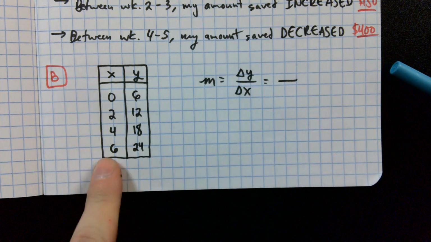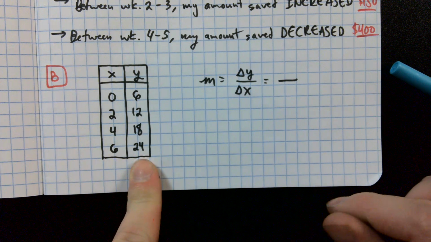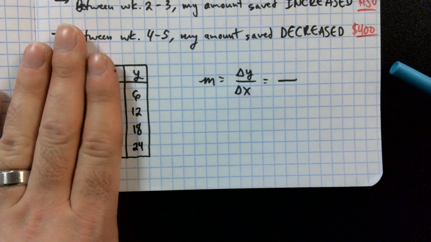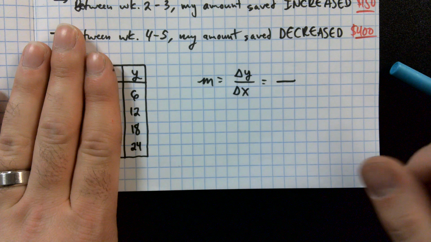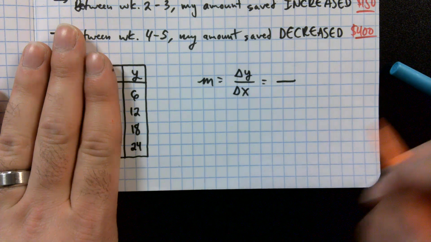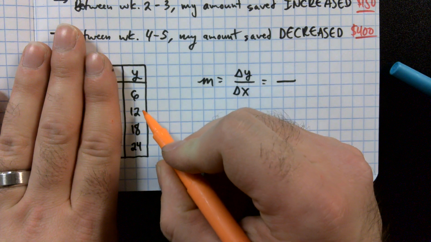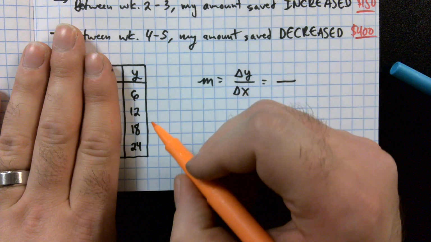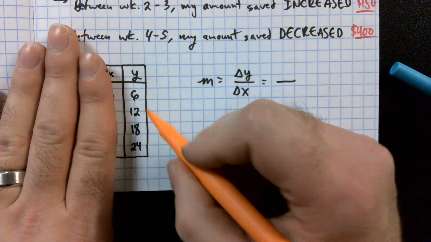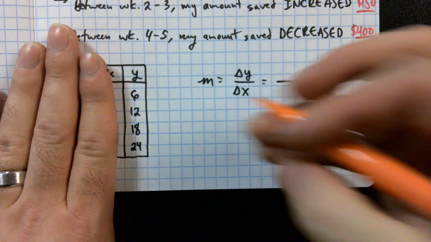Subtract. Well, do I want to look at my x column or my y column? The y. And then Gurpreet, what did you say we're going to do? You had it right. Subtract 6 and 12. That's okay, you're on the right track. You're basically saying I have to figure out what the difference is between these two y values, right?